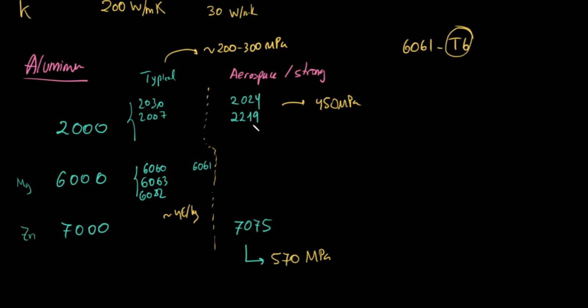Same with these. The problem is tubes. I can't find tubes with strong alloys. So tubes only come with these two alloys. So that's a problem, at least in Spain, I can't find any. If you want to make a tube out of a strong alloy, well, I don't know, there are different methods you could use.